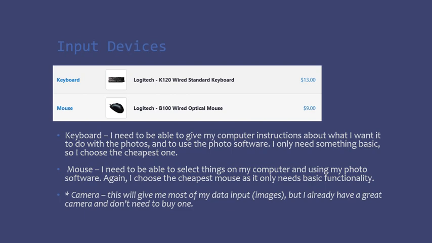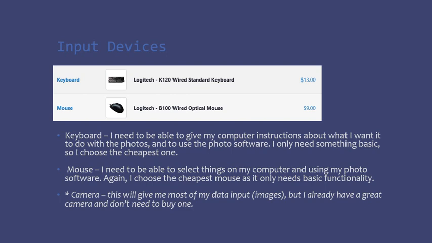The next few slides show you the sorts of parts that were bought. So you have the type of part, a keyboard, there was a little image, there was the model number and the price, and also the reason why they bought that particular part. So the keyboard, as you can see there, they wanted to give the computer instructions, what it wanted to do, and to use the software.